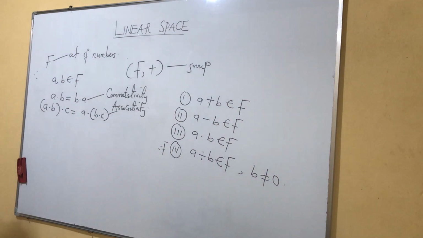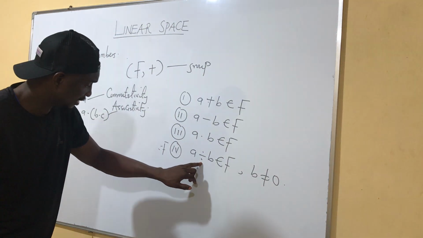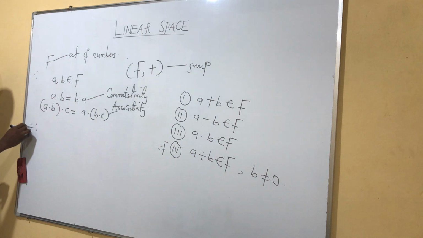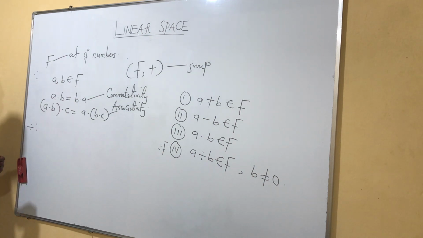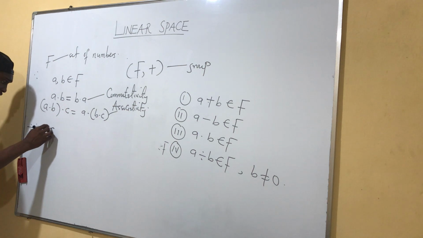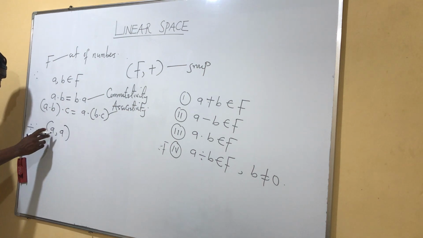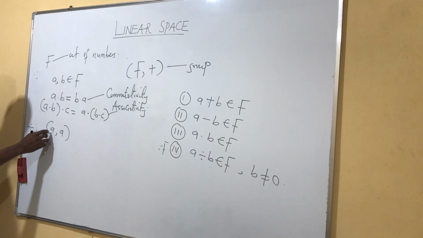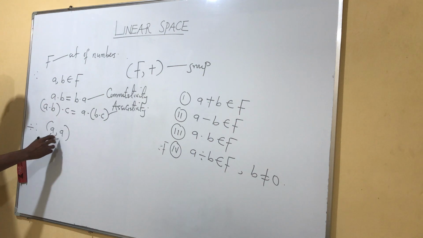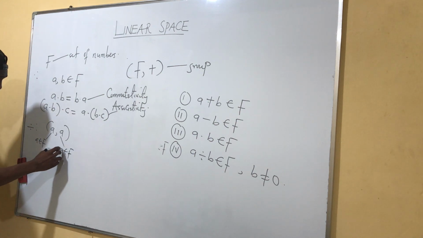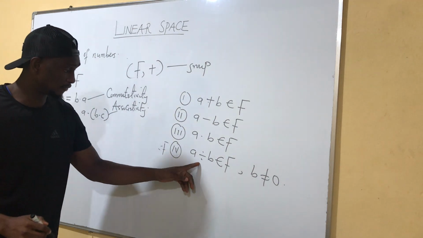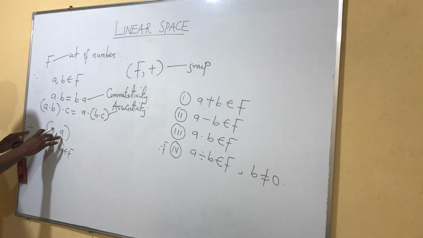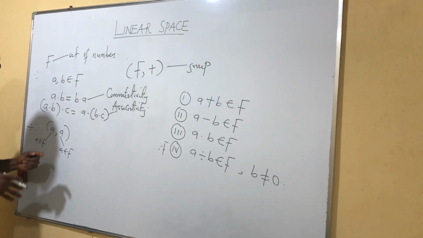Okay, now let's come to this divisive operation. You see, when a is an element of F and a also is an element of F, whenever the divisive operation comes in between these two elements, it becomes an element of F, since F is a field.